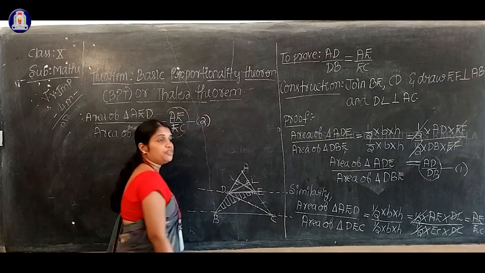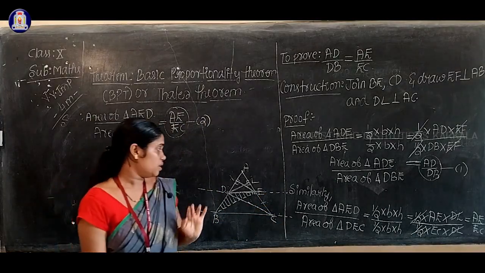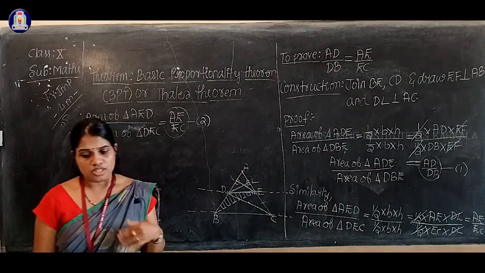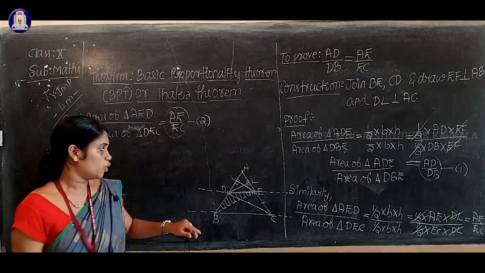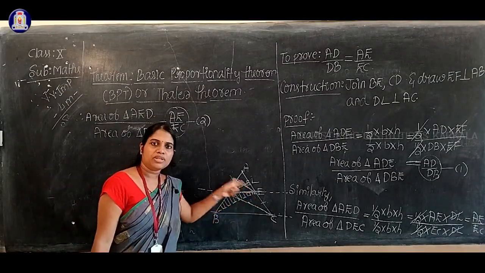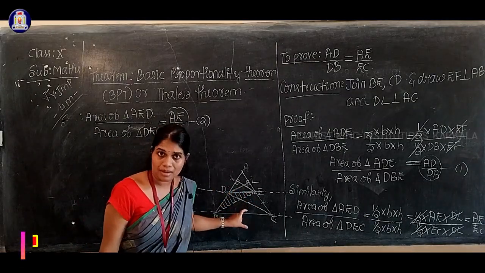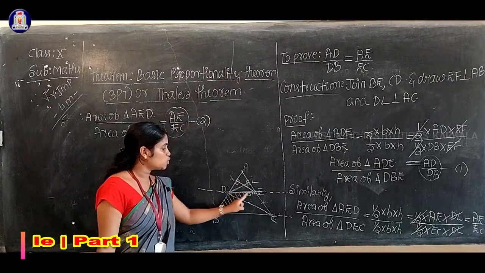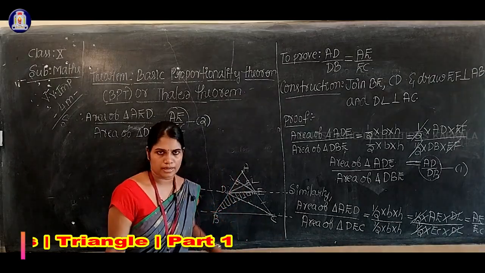This is important. I think you have already studied this in your 9th standard. So we can say that two triangles lying on the same base and between the same parallel have equal areas.